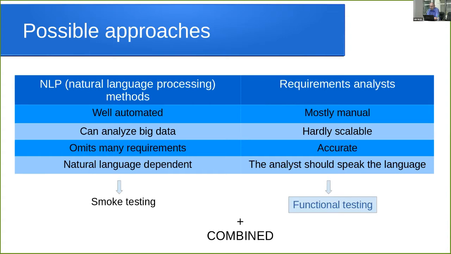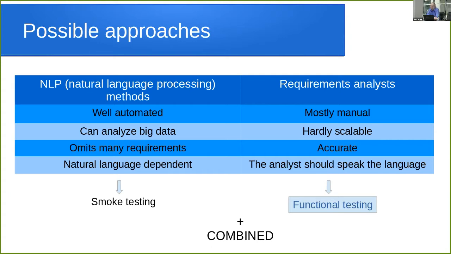But what is this traditional approach? A requirements analyst is the key actor in this approach, and he marks up the API documentation manually and does the whole thing himself.